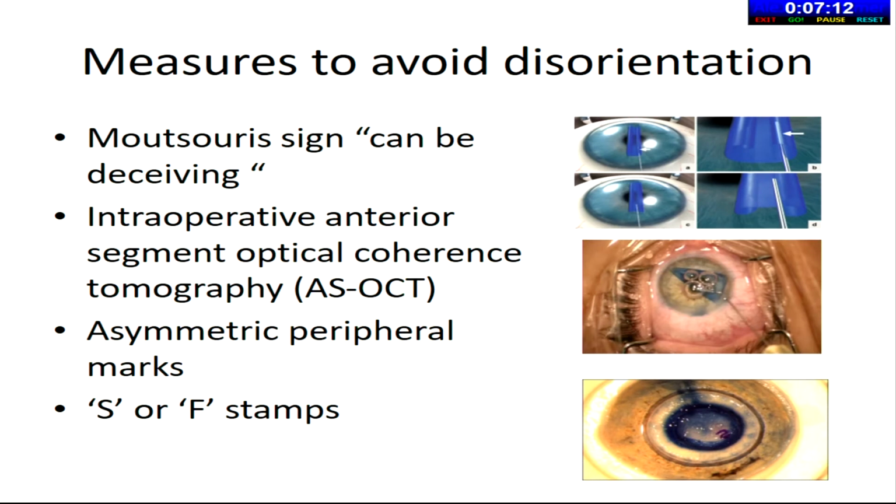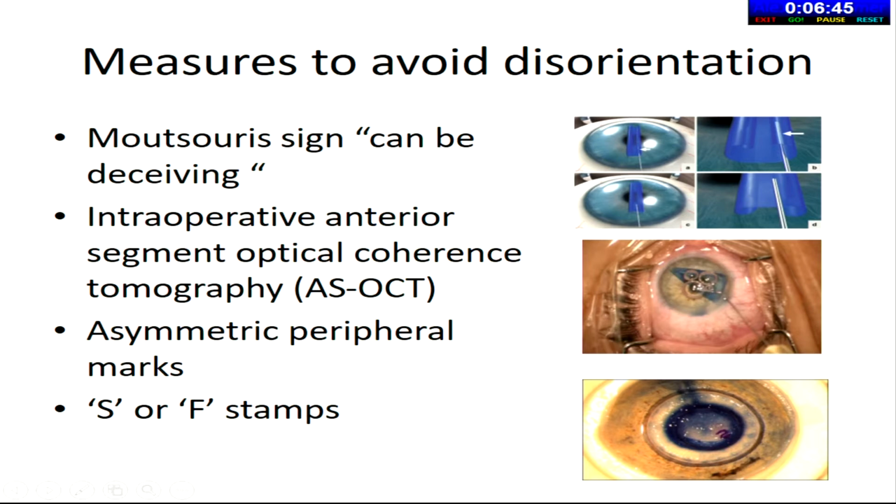The measures to avoid disorientation we have already heard about. You can mark with an F or an S or an L with a long and short arm. You've heard about that. You can use intraoperative anterior segment OCT, but that's not available for everybody. It is quite expensive. And also you can use the Moutsouris sign, which I will tell you about here.